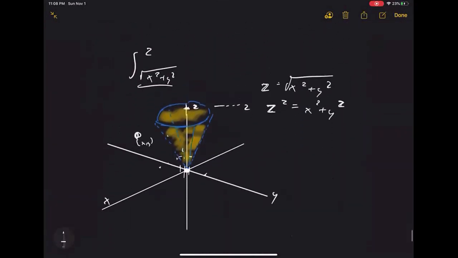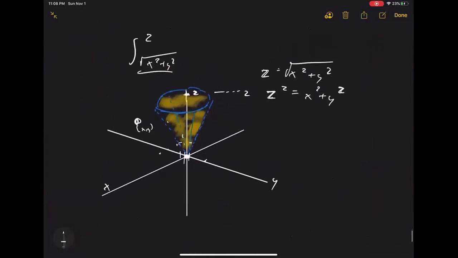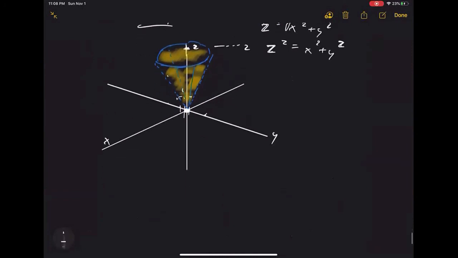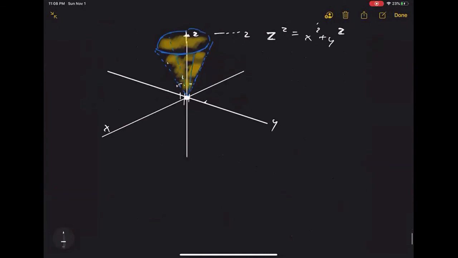So think about that curve, and your points have to be above that curve. Okay. So that leaves us with that yellow shaded region. Okay. So I've taken my Cartesian bounds and translated them into a region. I've made a little drawing of my region.